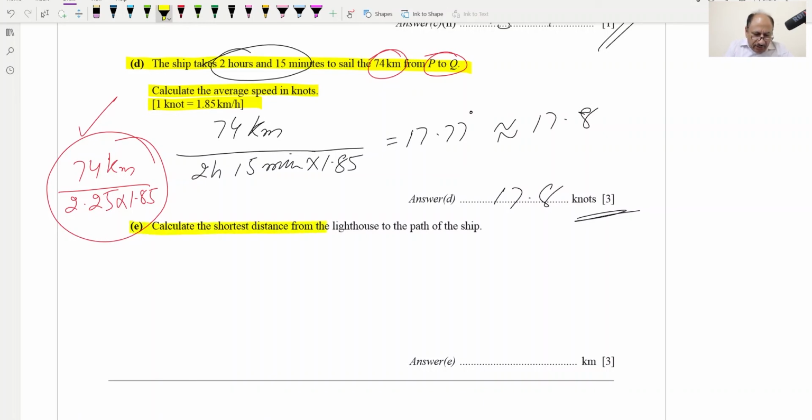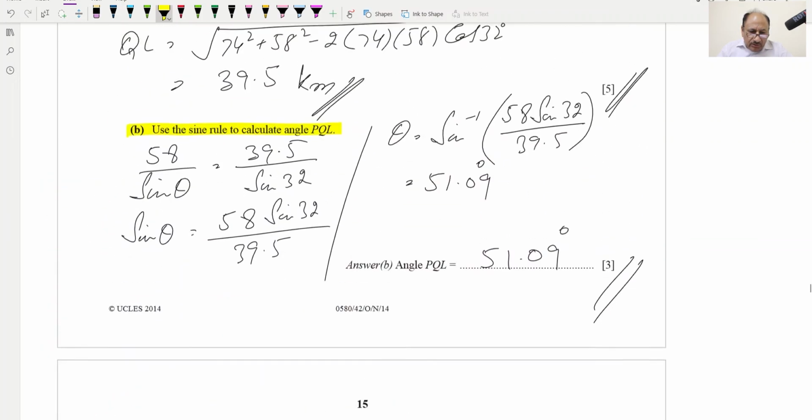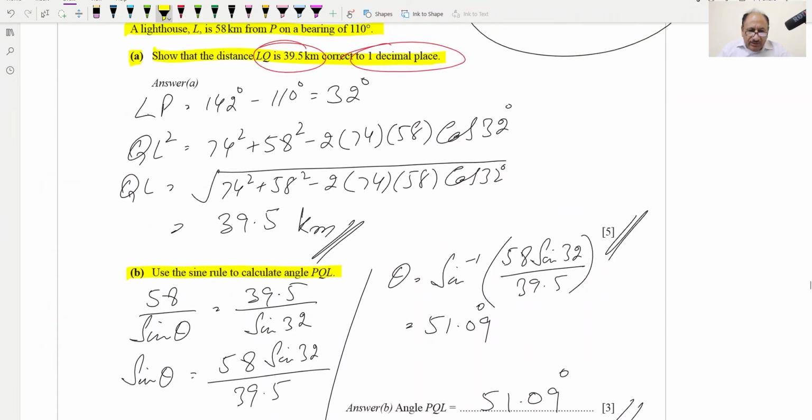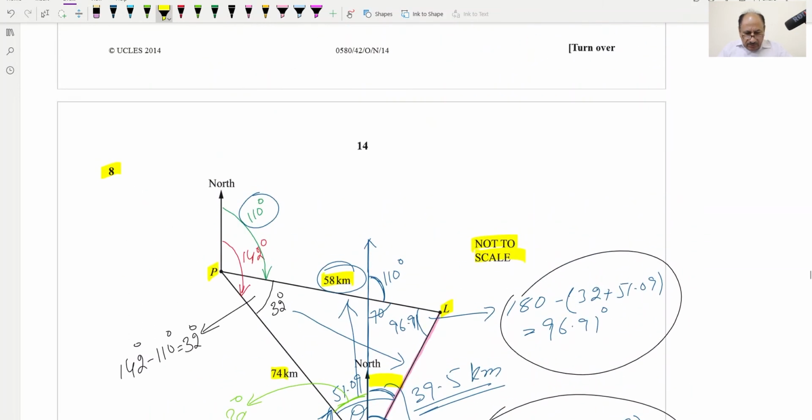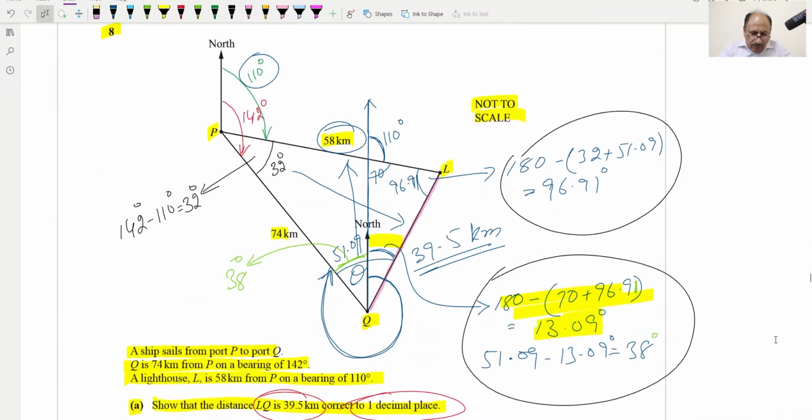Now calculate the shortest distance from the lighthouse to the path of the ship. What is the shortest distance you need to figure out from the drawing? The shortest distance will be the perpendicular distance. If we draw it and consider this as 90 degrees, I will draw a thicker line so that you can understand this properly.